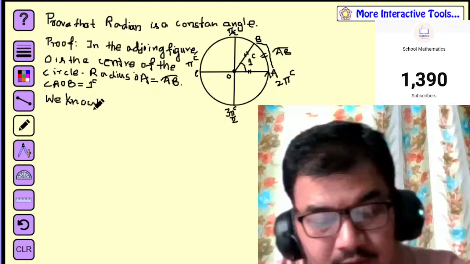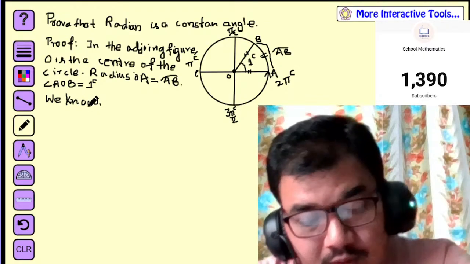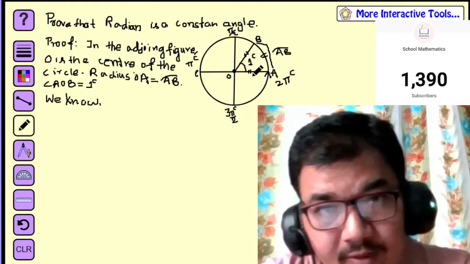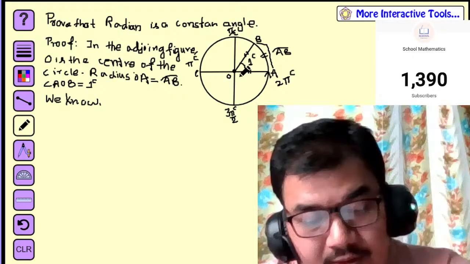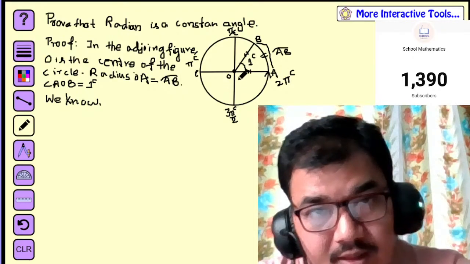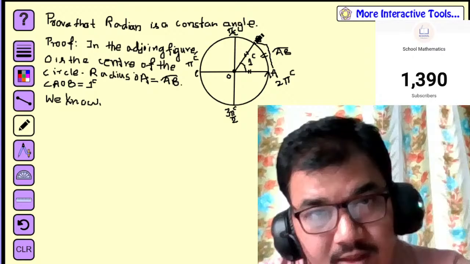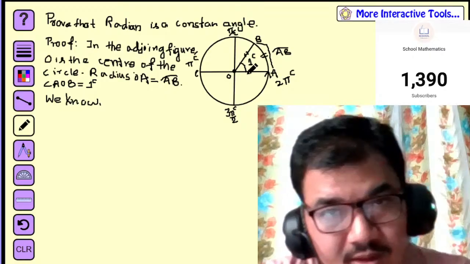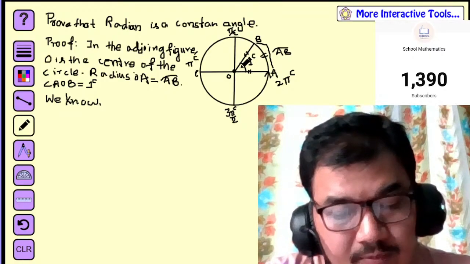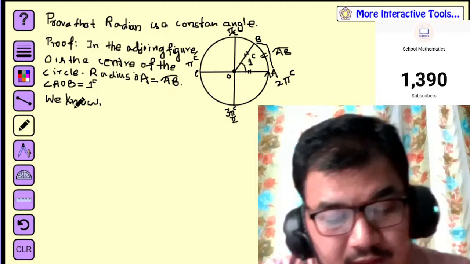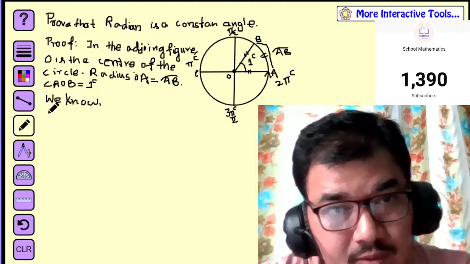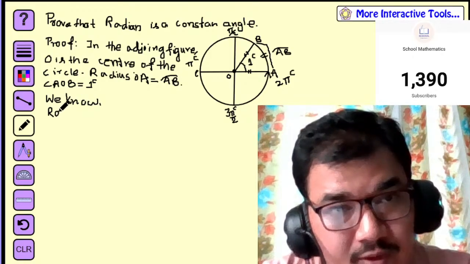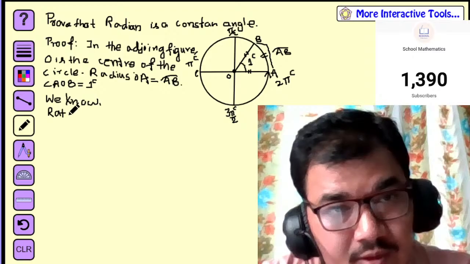Look here, students, the radius of the central angles. Look at this radius and this also radius. These are known as the radii of the same central angle, and both of them are equal. Now here we want to write, which ratio we are going to find here?